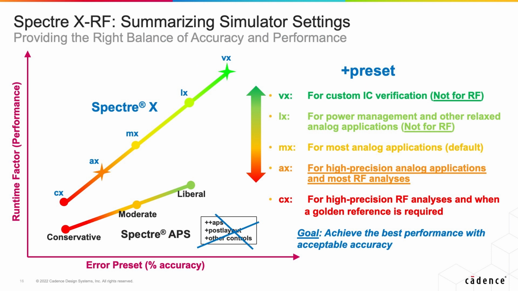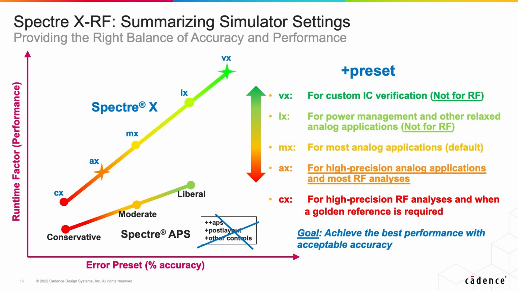Again, this is all of this put together in a nutshell. When you have APS, we have 3 buckets, which I talked about, the default settings: conservative, moderate, and liberal. When you use Spectre X, you have 5: CX, AX, MX, LX, and VX. It's not a direct mapping, but if I want similar accuracy as moderate and I'm using Spectre X, what should I use?